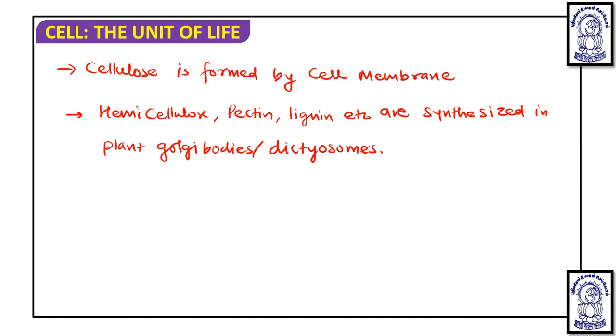And you will see that there is a presence of plasmodesmata. Suppose this is a primary cell wall. Here you will see the presence of middle lamella.